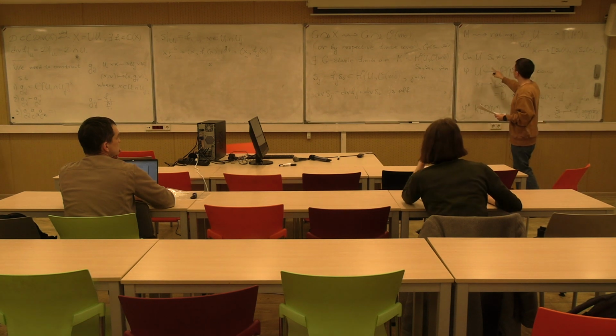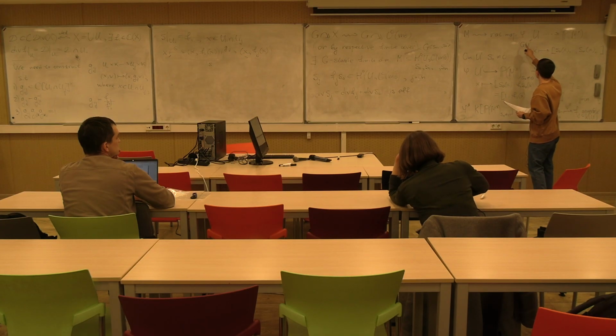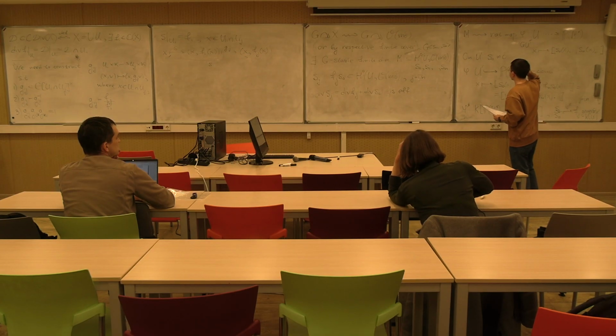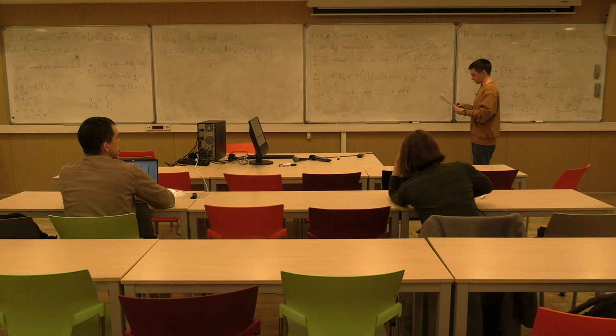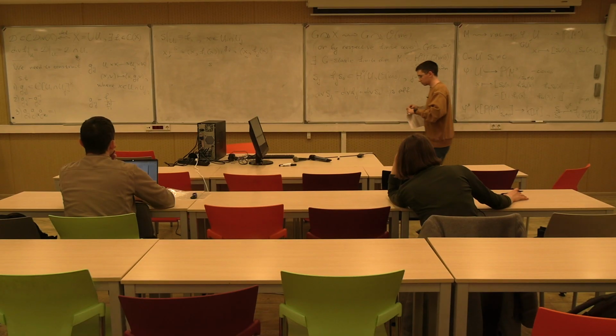What about U? Why is this phi an embedding?